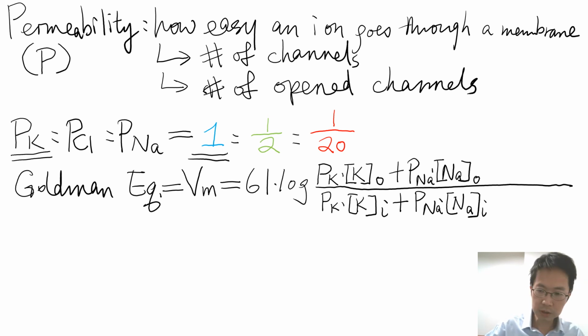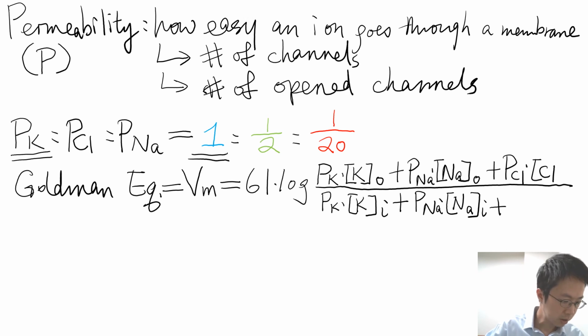The last one is a little bit tricky, because you understand why: the permeability of chloride multiplied by the concentration of chloride inside of the cell.